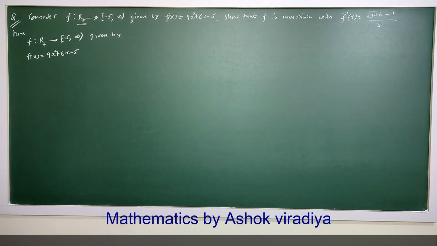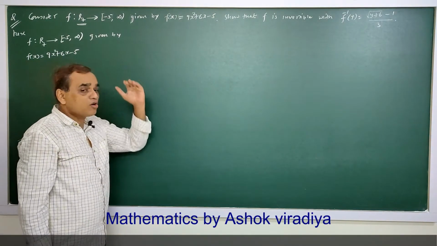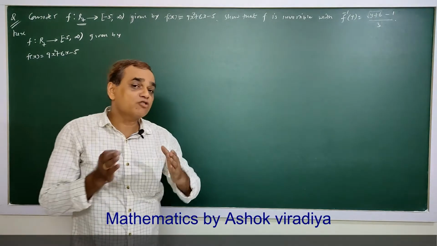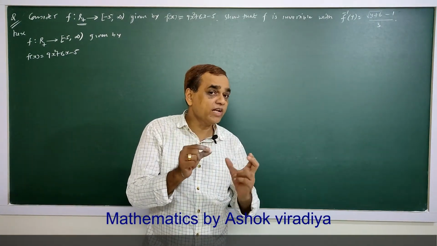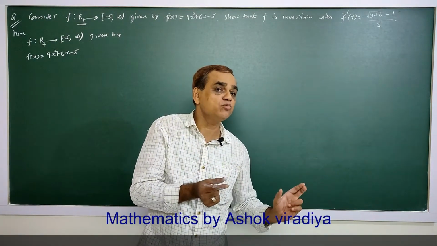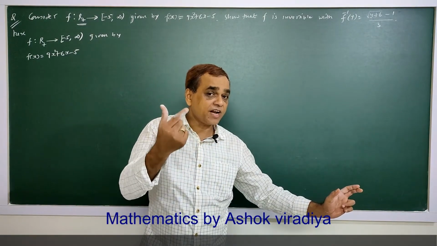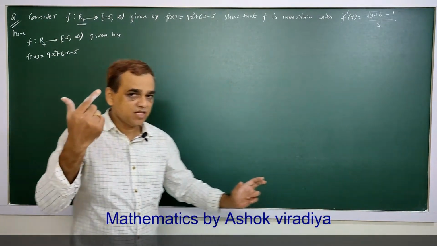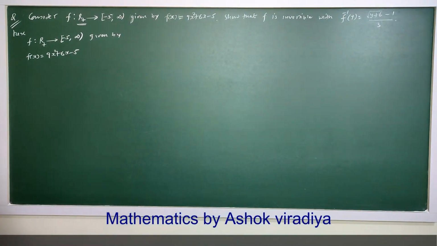Now, because in this question also we are not given the range of function f, we have to take the range of f as the codomain of a new function g. So let me check what is the range of f, which we want as domain of g.